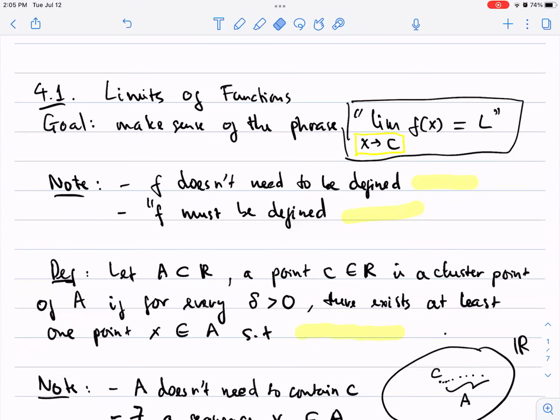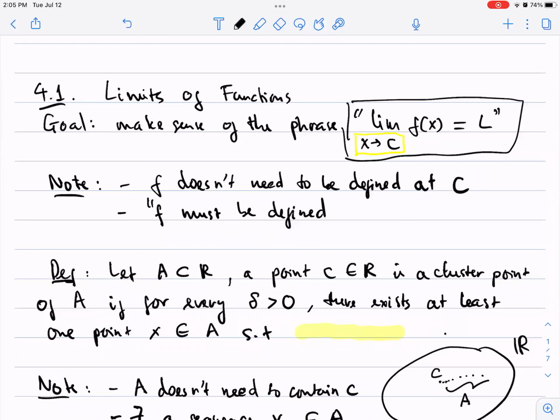The goal is to make sense of the phrase: the limit of some function f of x when x approaches c is equal to L. Before we go into details, let me make a couple of comments. First, for this definition to make sense, f doesn't need to be defined at the point c.